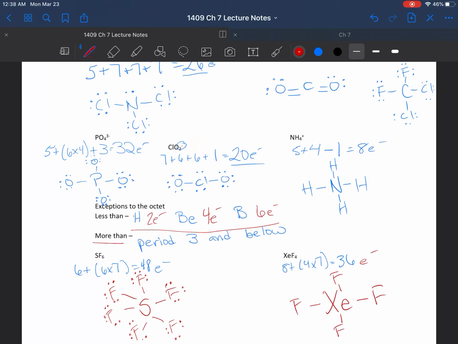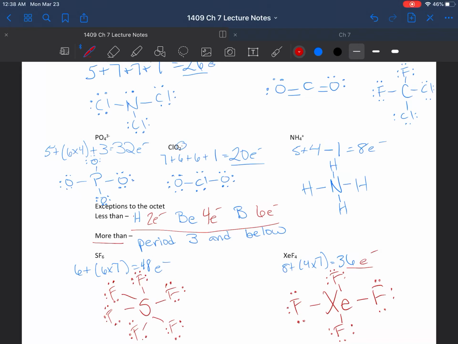We're going to go ahead and complete our octets of our fluorine: 10, 12, 14, 16, 18, 20, 22, 24, 26, 28, 30, and 32. Now I've used 32 electrons, but I have 36.